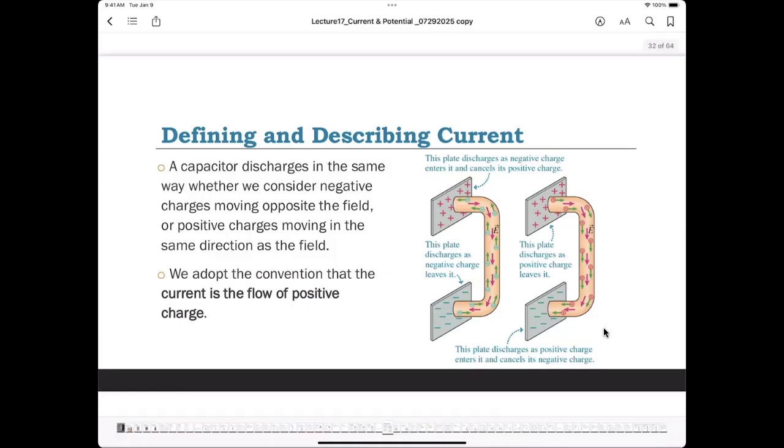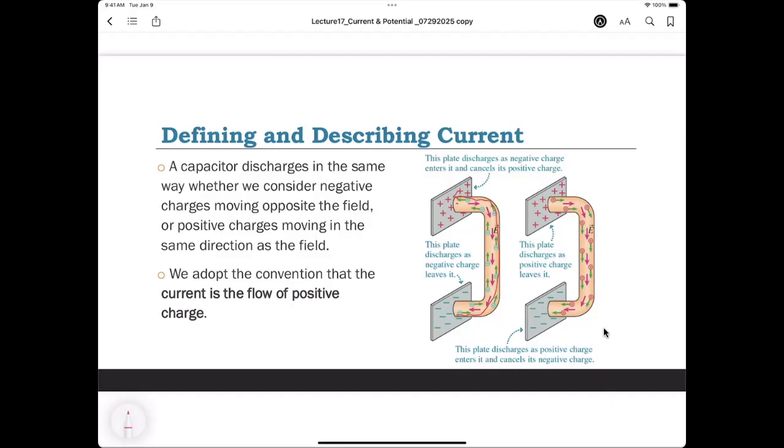As we discussed for the parallel plate discharge, negative charges, the electrons, enter the positive plate and cancel its positive charge. This is a capacitor discharging.